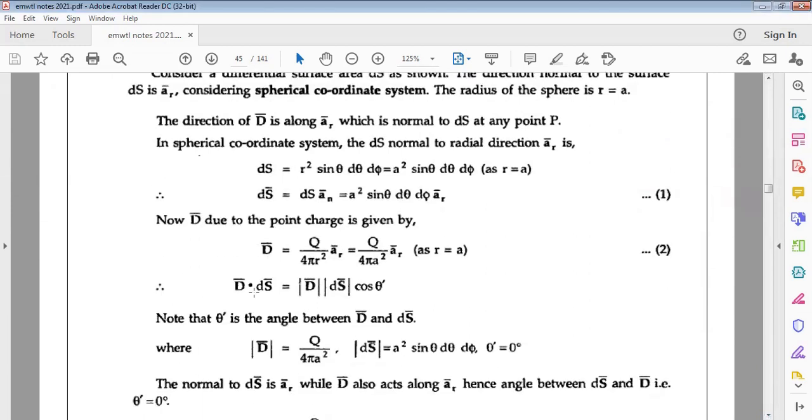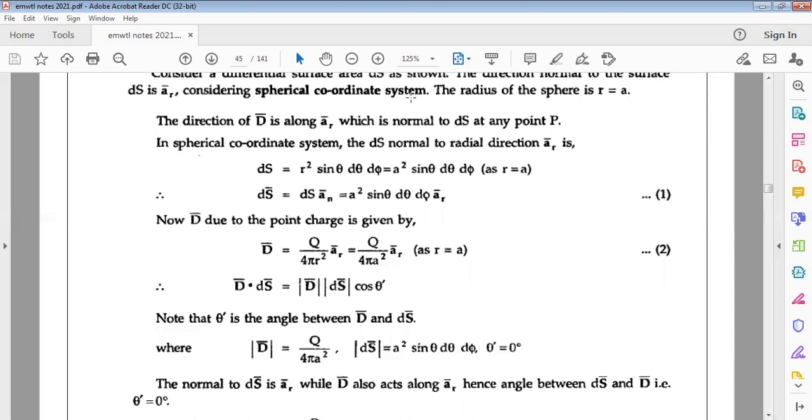Then now we can apply the dot product of D bar and dS bar. Dot product, as in signals and systems we have seen for vector orthogonality: D bar dot dS bar is equal to magnitude of D, magnitude of dS and cos theta. If it is a cross product, it is magnitude of D, magnitude of S and sin theta.